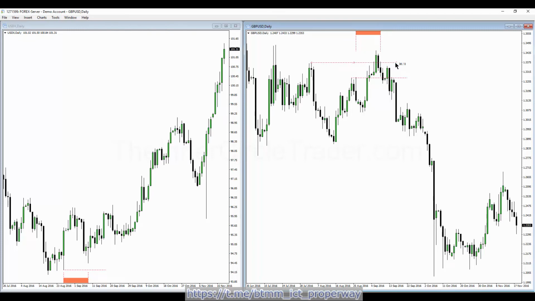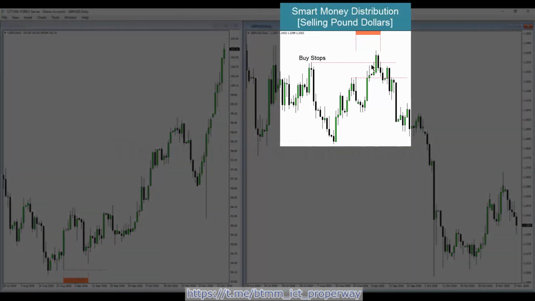What type of stops reside above an old high? Buy stops. Why would they want to take the market up to a buy stop? Because they want that buy stop to execute at the market to buy at the market. They're going to sell their long positions they accumulated here and they accumulated here. They can sell those longs at a higher price to willing buyers up here.